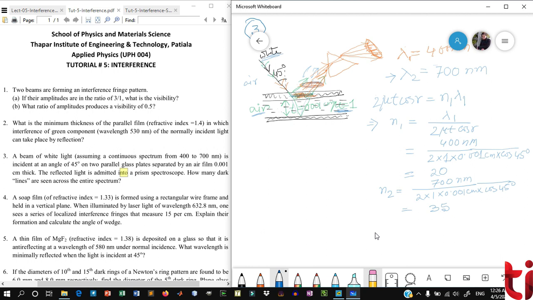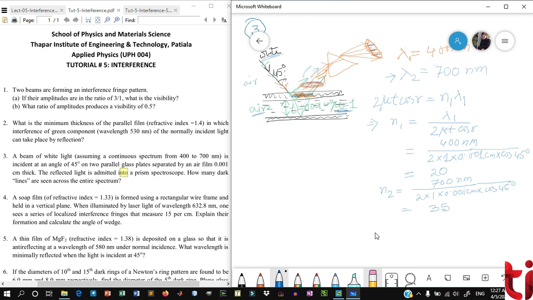And that's why those corresponding wavelengths would be absent in this spectrum. An absent wavelength means dark lines in this spectrum. So how many such order numbers are possible between 20 and 35? 15 integer numbers, right?